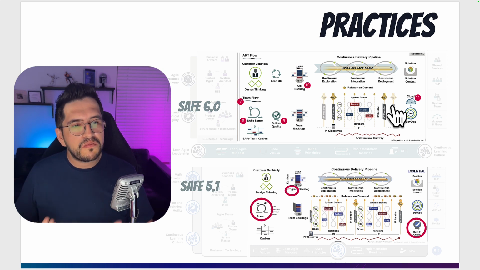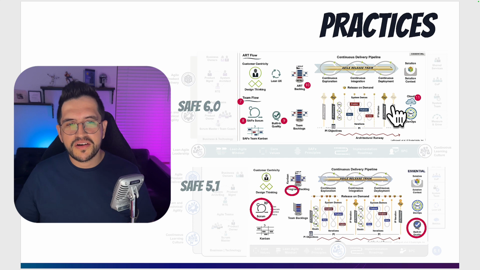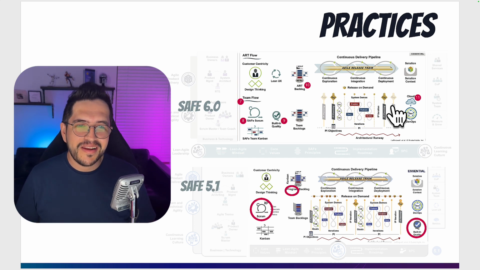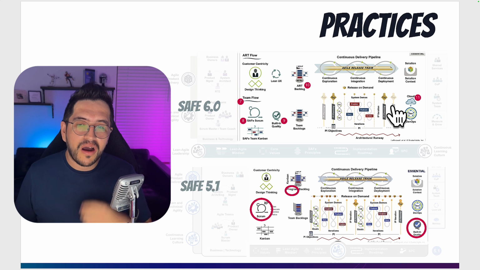Because you will not find these types of articles or guidance in other frameworks like Scrum or LeSS, right? So hey, what about artificial intelligence or ChatGPT and this type of stuff? In Scrum, in LeSS, in Nexus, they are all about just execution and team, right?